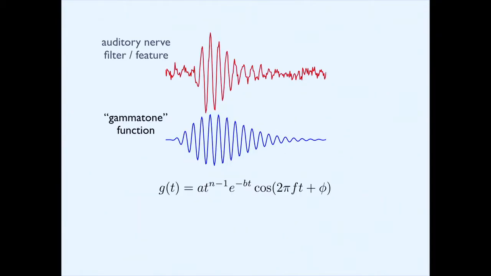If you look at the structure of those features, this is a little acoustic feature. It's a little wavelet-like thing, and it has a very characteristic shape. It has a frequency, which is described by that function. It can be a high frequency feature or a low frequency feature, so it's something that varies.